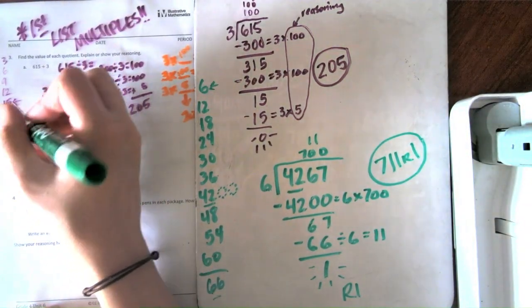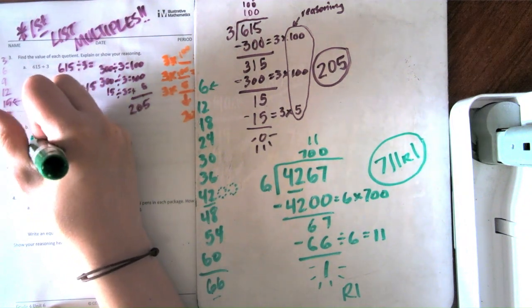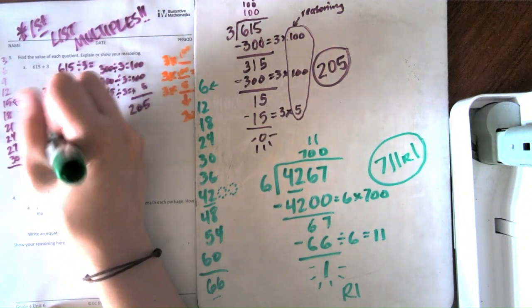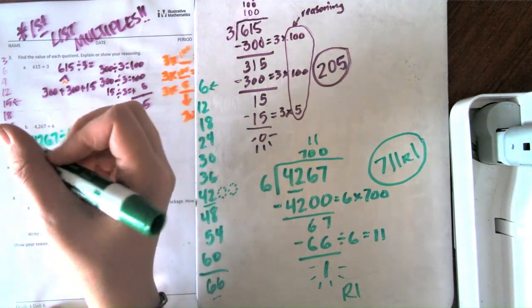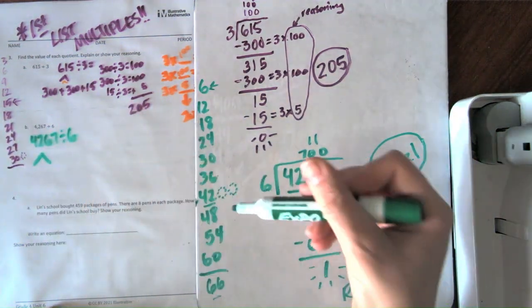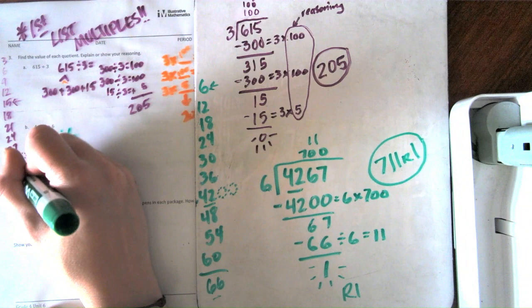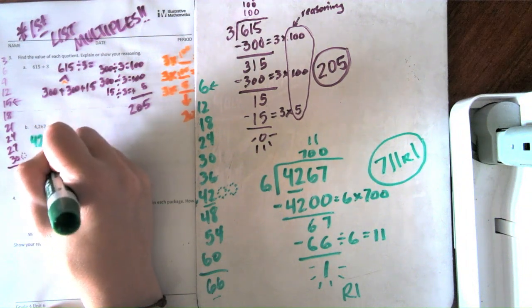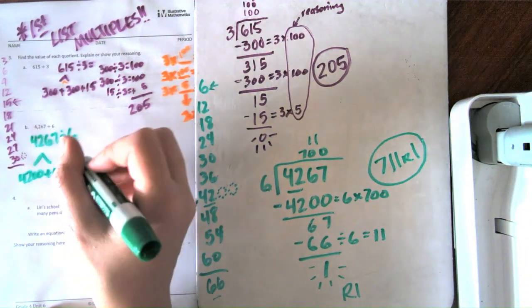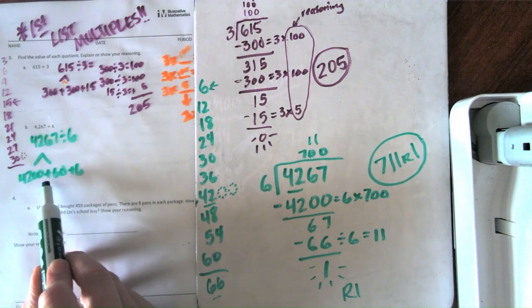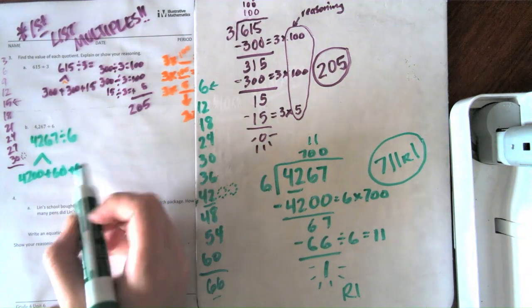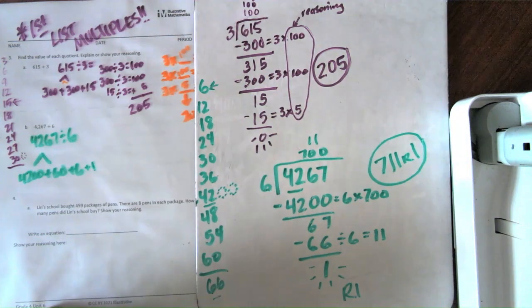So next strategy on our study guide, we have 4,267 divided by 6. We're going to decompose this number ahead of time. Again, we're going to use the 42 right here, and 4,200 plus 60 plus 6, which gets us 4,266, but I still have to add that 1.